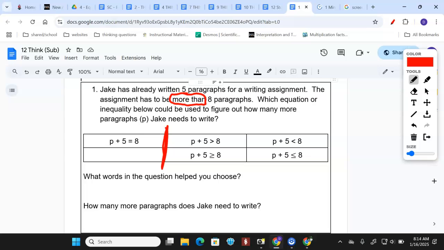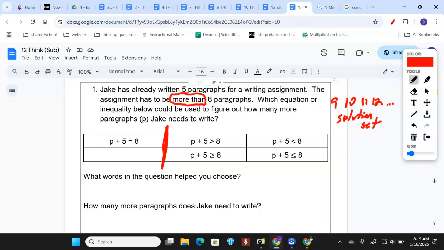So how many paragraphs could it be? It could be 9. It could be 10. It could be 11. It could be 12, and so on like that. There are lots of possible answers to this, not one. This looks to me like a solution set. Lots of possible solutions, not a single solution.